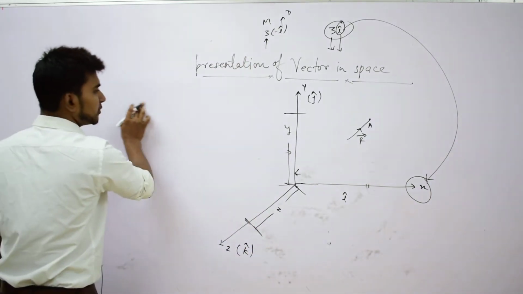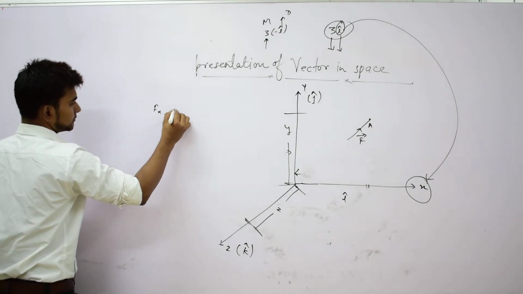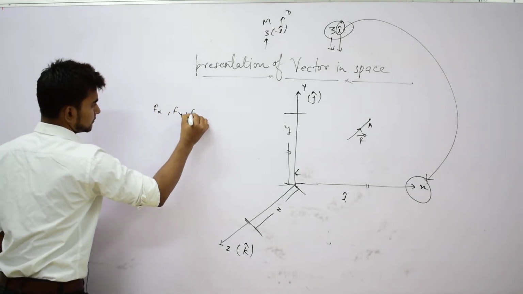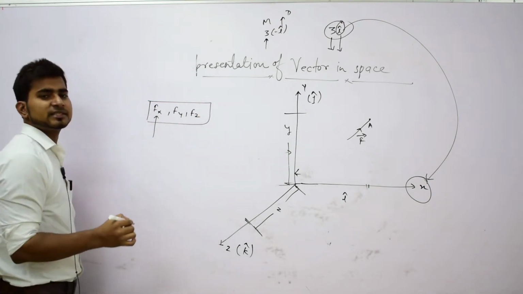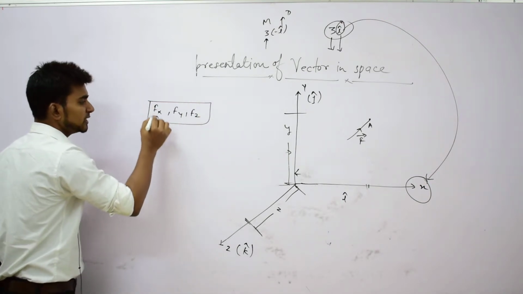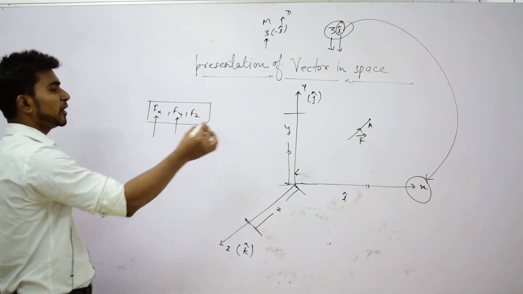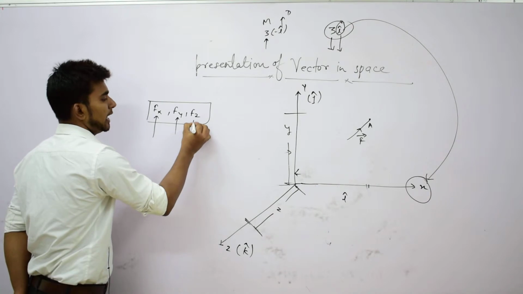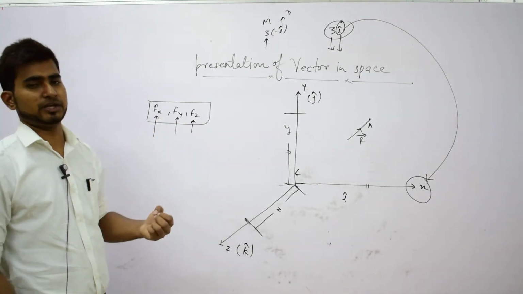Okay, let's suppose Fx is the component of force in the X direction, Fy is the component of this force in the Y direction, and Fz is the component of force in the Z direction.